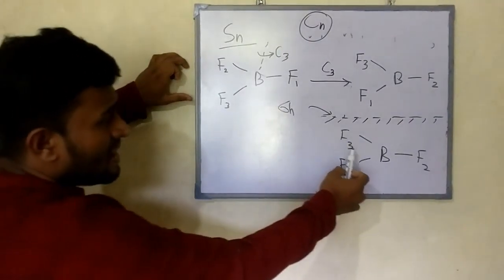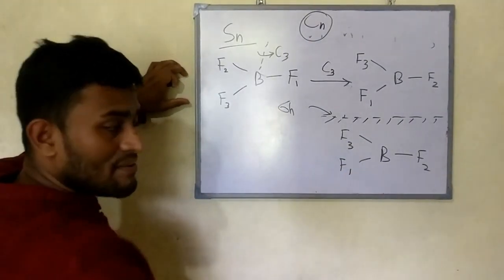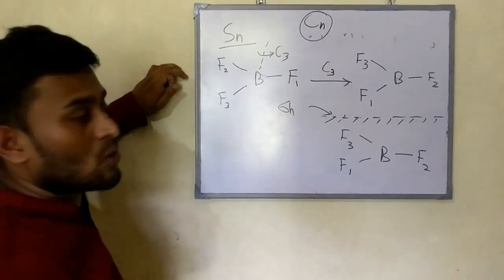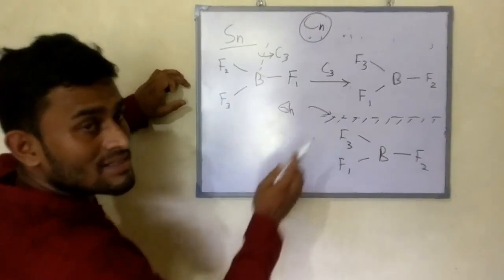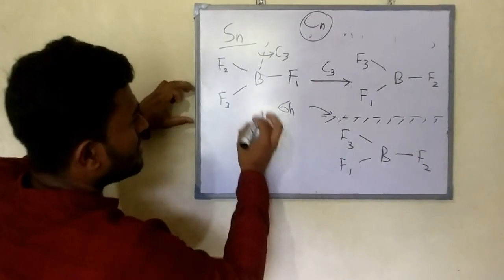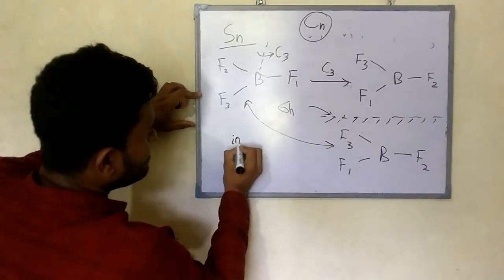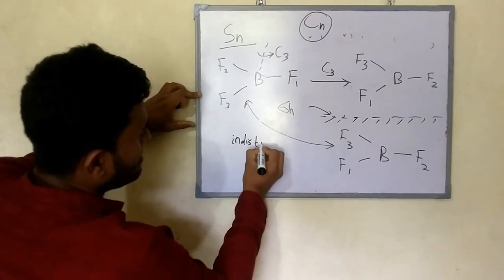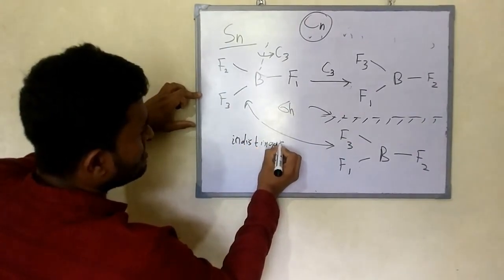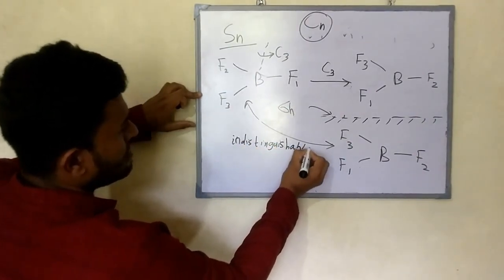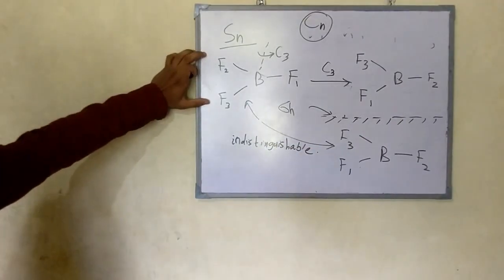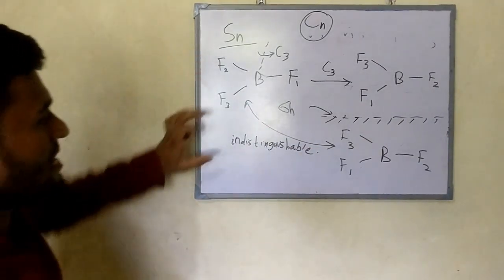Even if these numbers are different, in reality these two molecules are the same. All are fluorine atoms, so we can say these two are indistinguishable. So improper axis of symmetry is there.